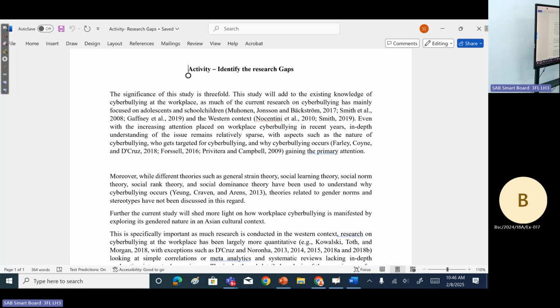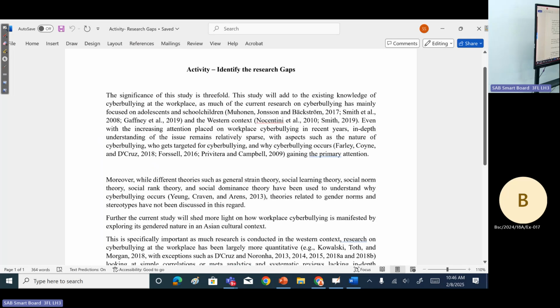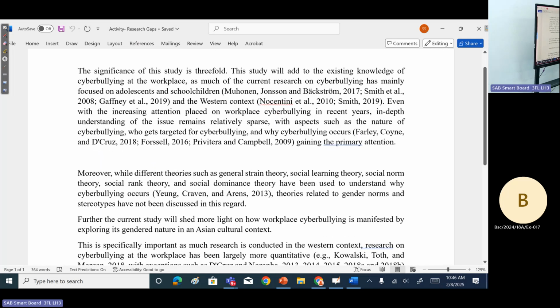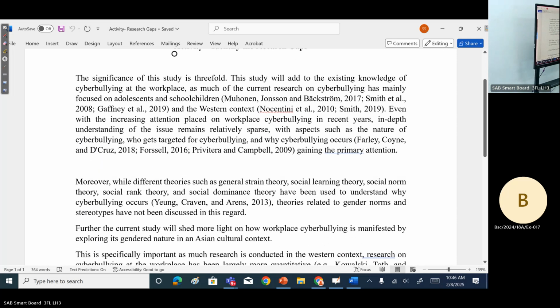You identify which gaps are relevant for this first paragraph and write it down. The second paragraph is derived based on a research gap. The third paragraph, there is a gap. The fourth paragraph has been written based on a research gap. It explores some research gap.